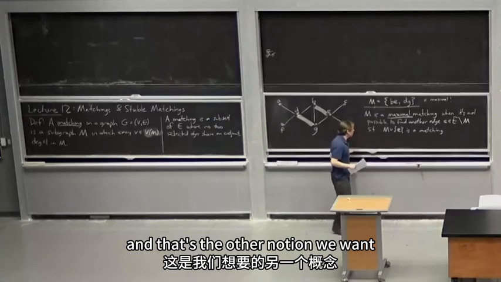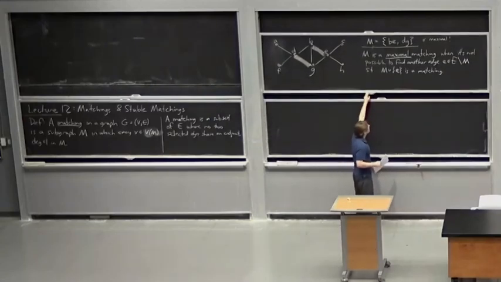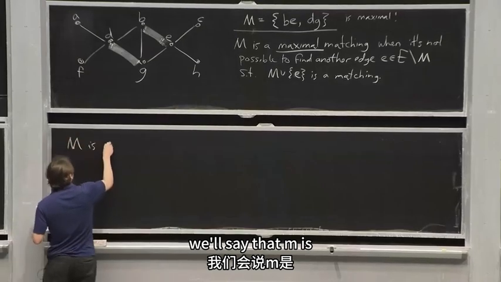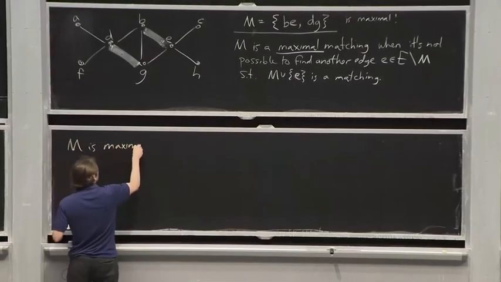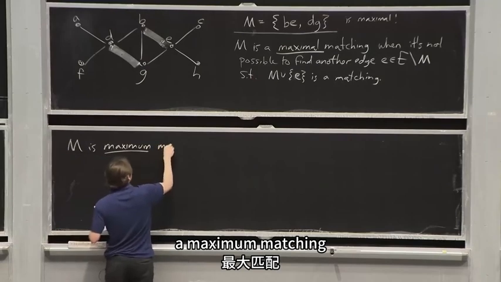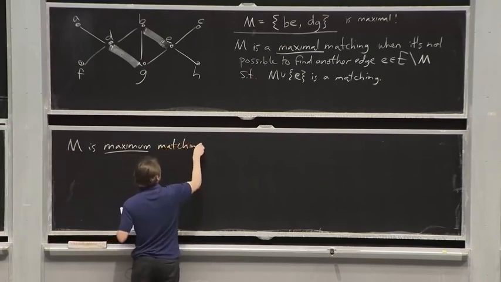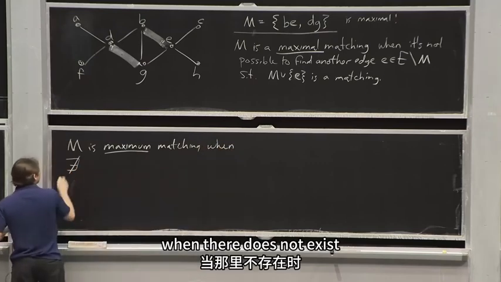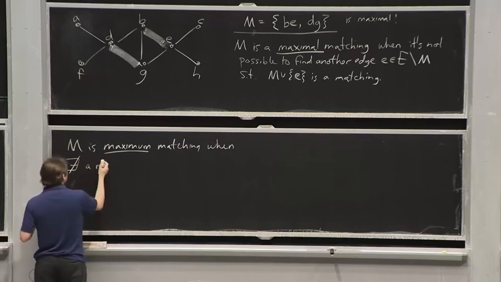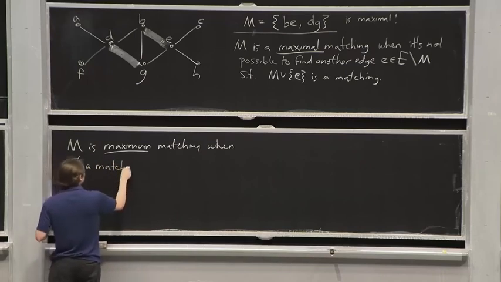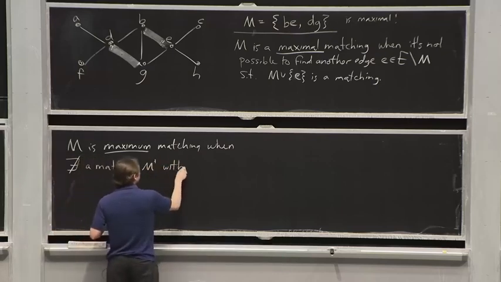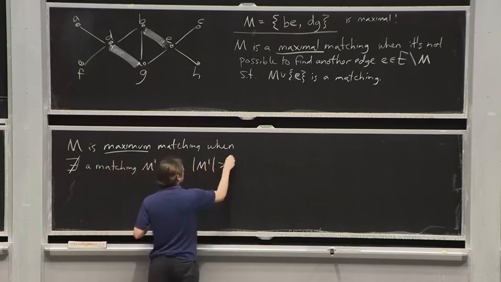And that's the other notion we want, a maximum matching. We'll say that M is a maximum matching when there does not exist a bigger matching, a matching M prime with more edges.